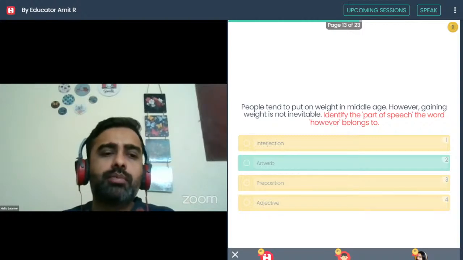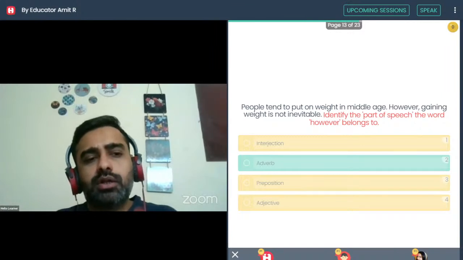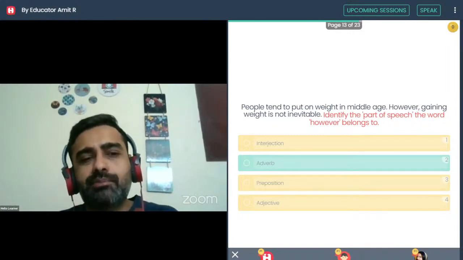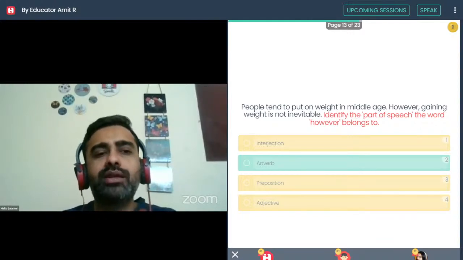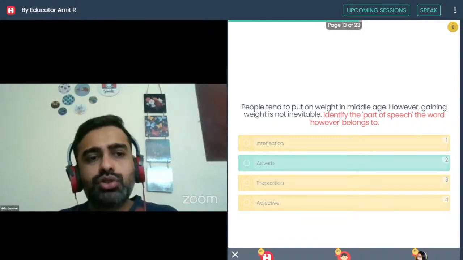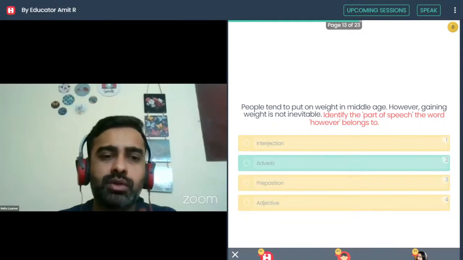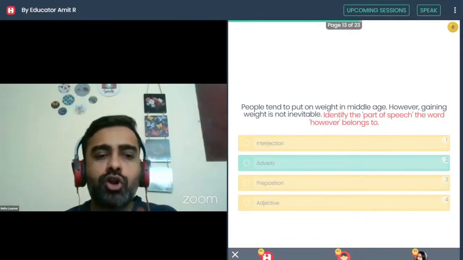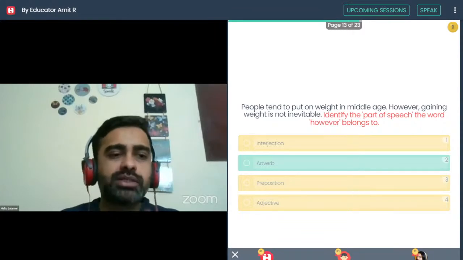Yes, adverb. Why? Because it is used here like a but. Okay, so adverb because it is used to introduce a statement which is in contrast to something that was already said. Here it is written, people tend to put on weight in the middle age. So that is one statement, and however is given as a contrast, to introduce another statement to contradict.